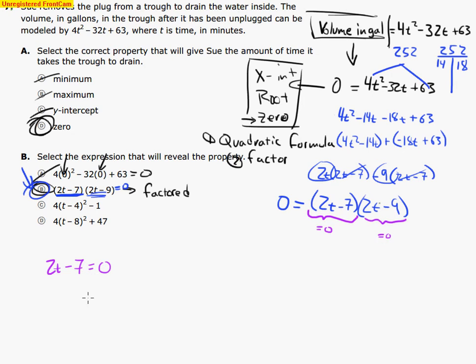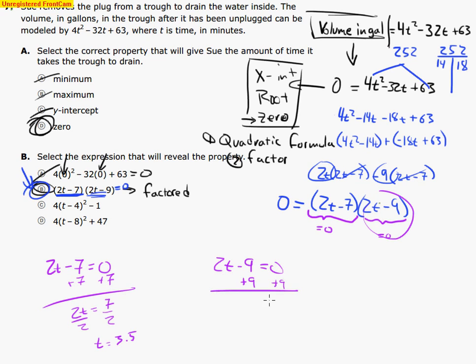So I'm taking the first one, 2t minus 7 equals 0. I'm going to do plus 7 on both sides. I'm going to get 2t equals 7. I'm going to divide by 2. And I have t equals 3.5 if you want to run it through your calculator. Then on this side, I'm going to take this one now and set it equal to 0. 2t minus 9 equals 0, plus 9 plus 9.